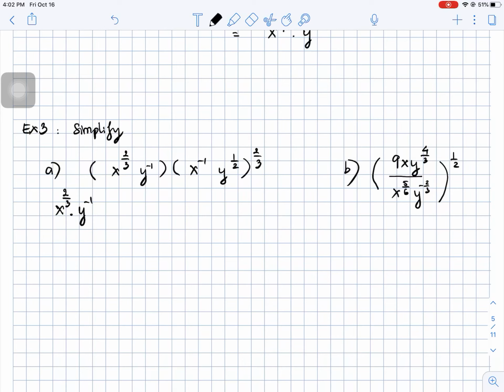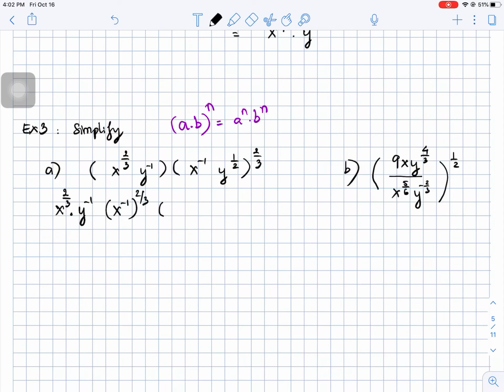In example number 3, we can see that we have the second parenthesis in part A. It has more work to do. The first one I can just keep the same and I do not need to do anything. And I notice that between the x and the y there is a multiply. Now for the second parenthesis, what if I want to open?